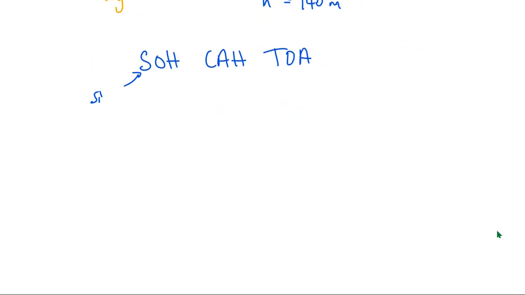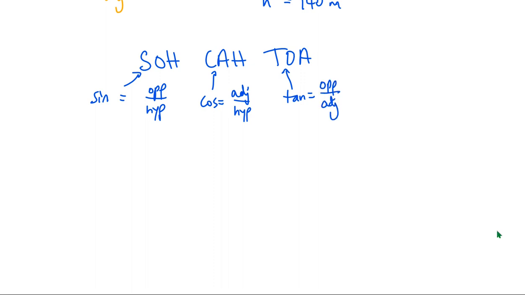And it means that sine is equal to OH, which is opposite over hypotenuse. Cosine is equal to AH, which is adjacent over hypotenuse. Tan is equal to OA, which is opposite over adjacent. And that's how you're going to remember them.